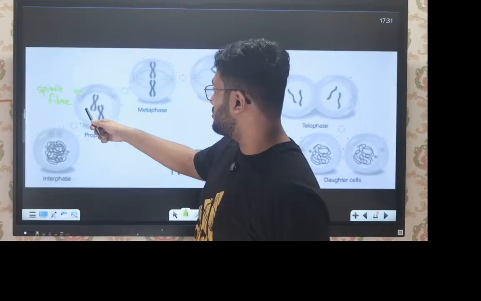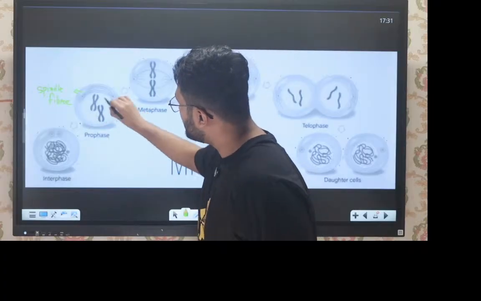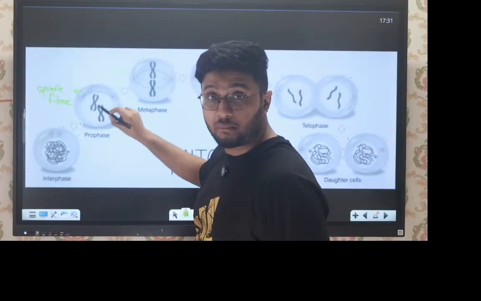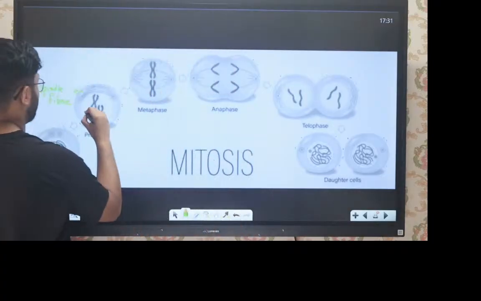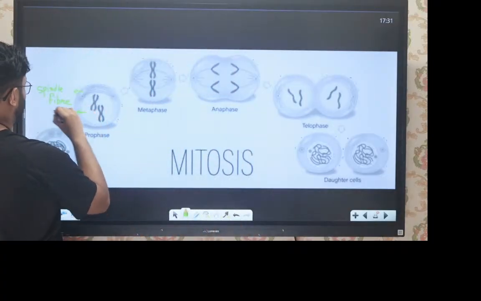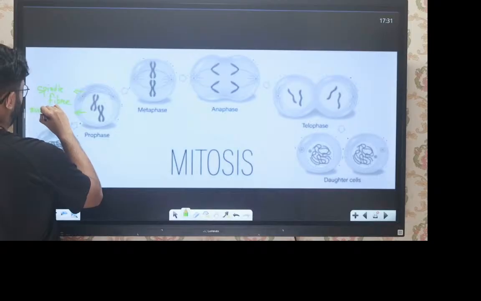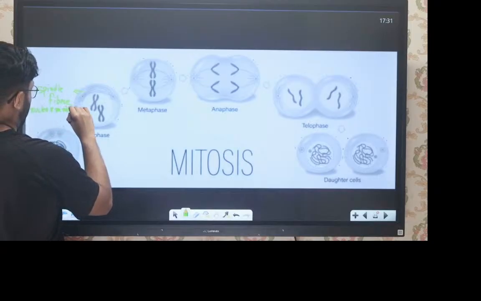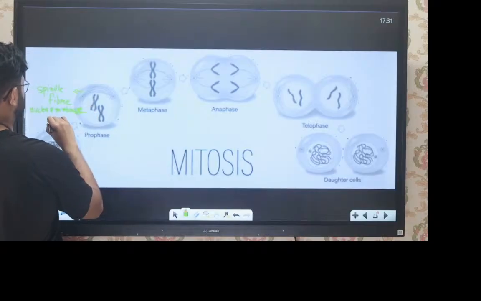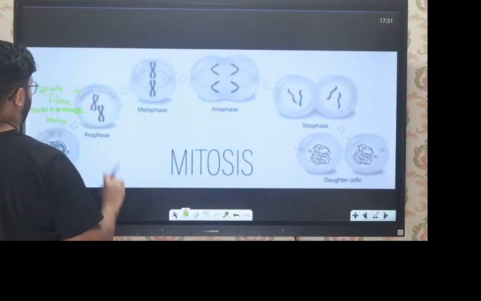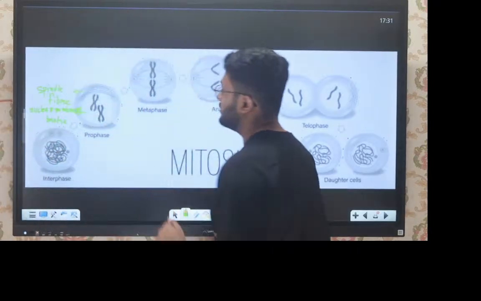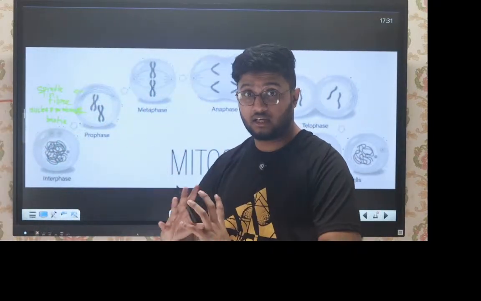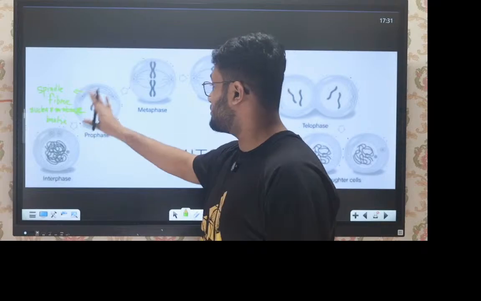And I want you to notice something: there is no nuclear membrane. So the nuclear membrane has broken. And what happens to the chromosomes? They condense. This was the prophase.